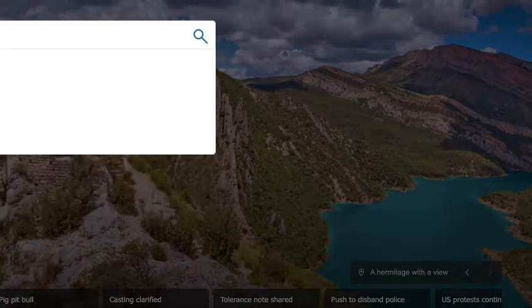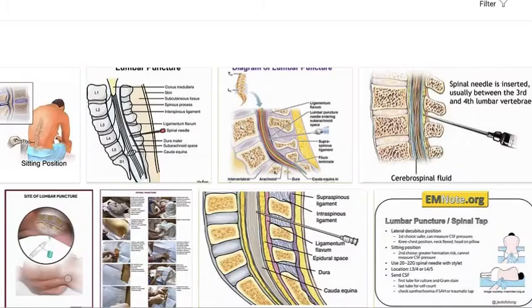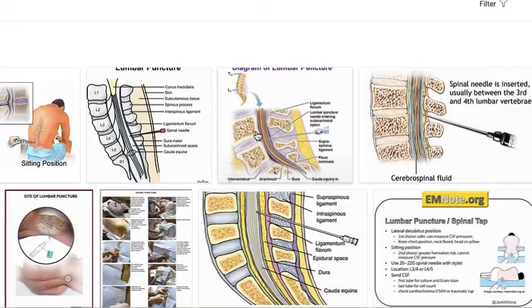Of course, this is part of procedures, but I'm just telling you here that, in the sitting or lying position, they pass a needle inside the subarachnoid space where the CSF is flowing, and they take it.